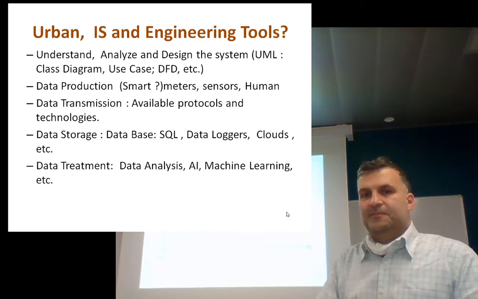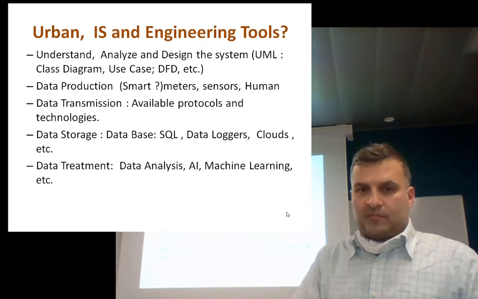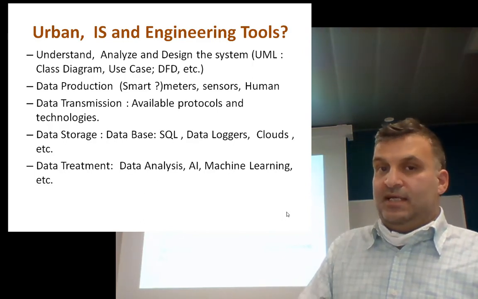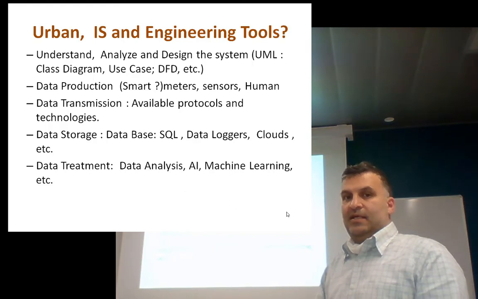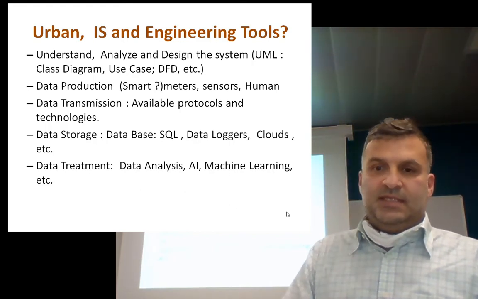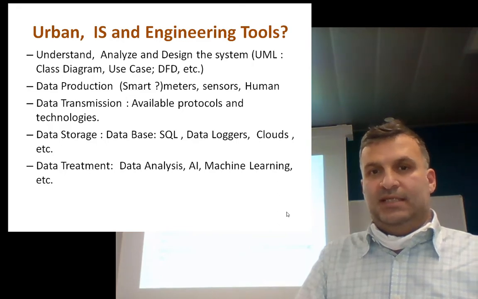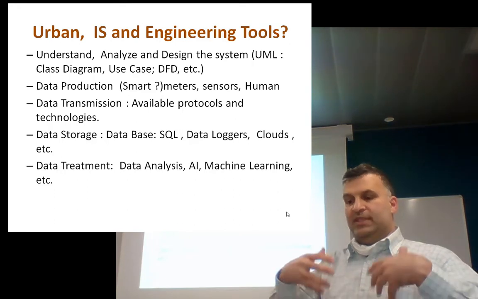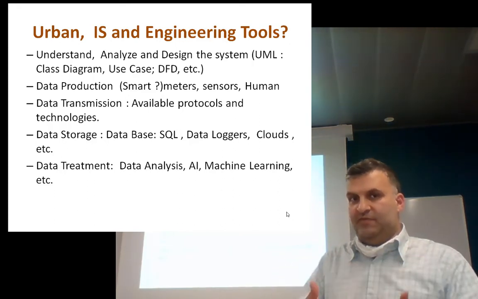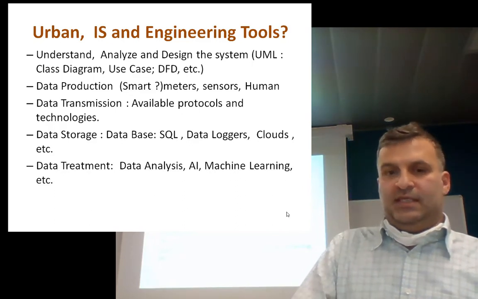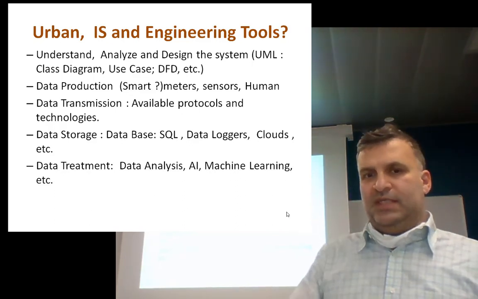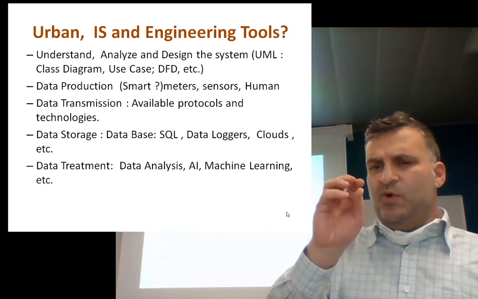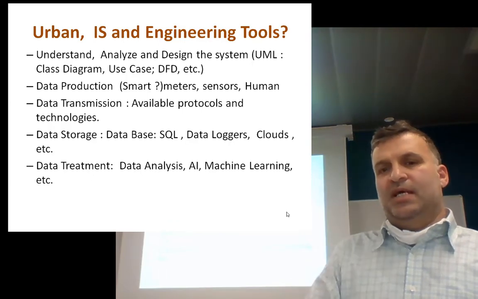All these techniques are available, and there is a lot of new technology like AI, artificial intelligence, and machine learning that help a lot to manipulate a huge quantity of data and to get very useful information from this data. In this course, we will not be able to treat all these topics, but we will have an idea about each item.